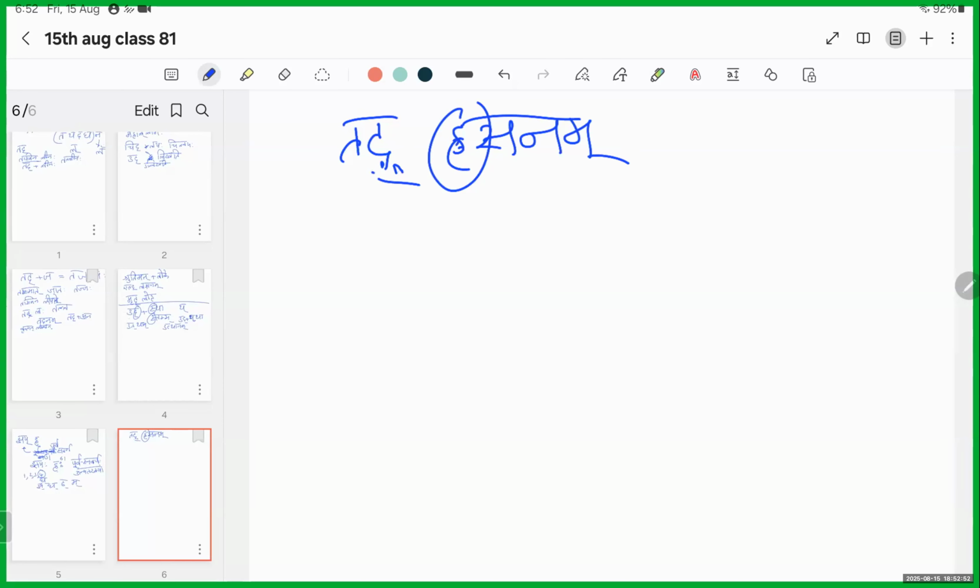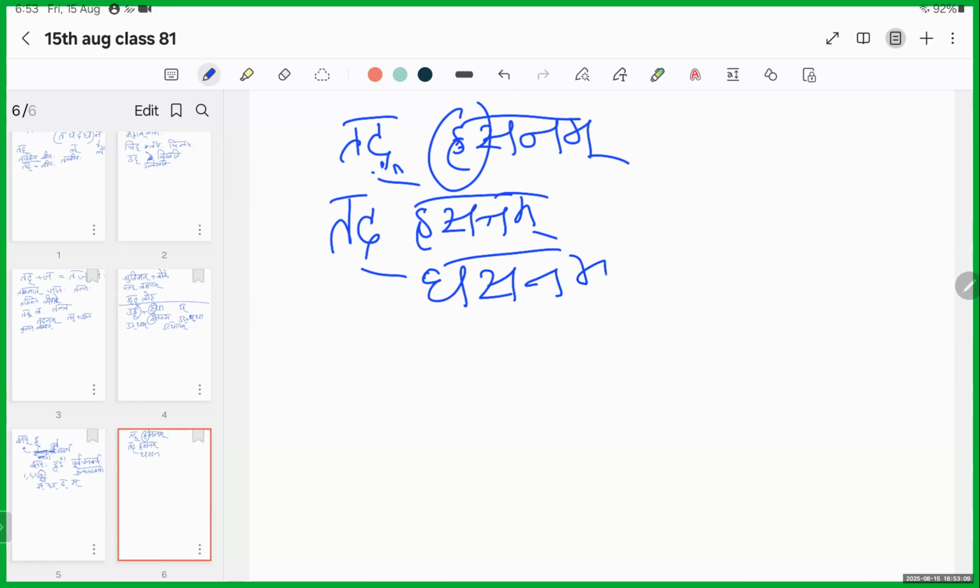Its Savarna corresponding to Ha will become Ta, Tha, Da, Dha. So you'll get what? Tad Hasanam will become what? This is the initial starting point. It will become Dhasanam. When you put them together, what will you write now? Tad Dhasanam.